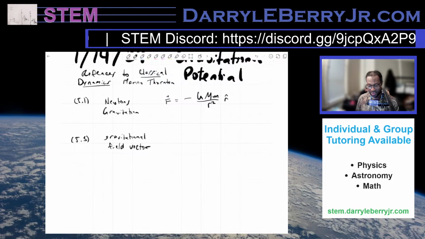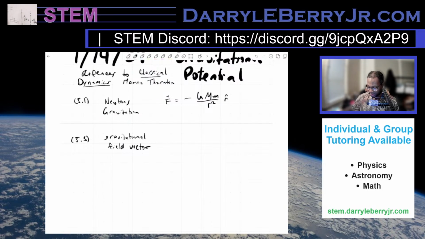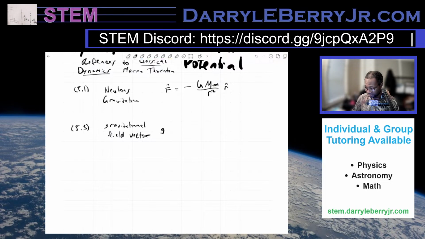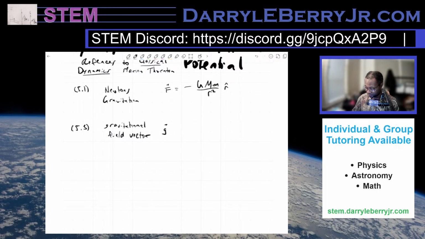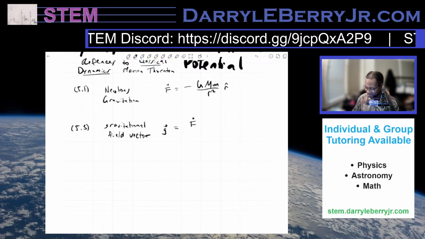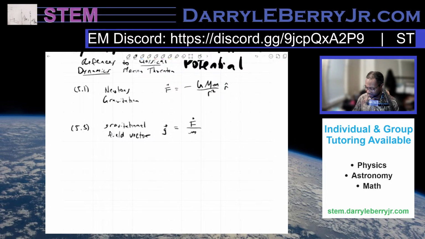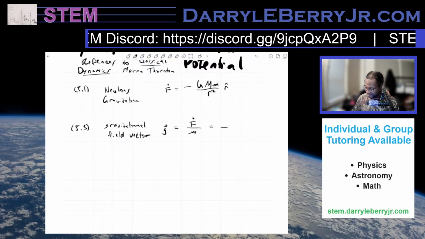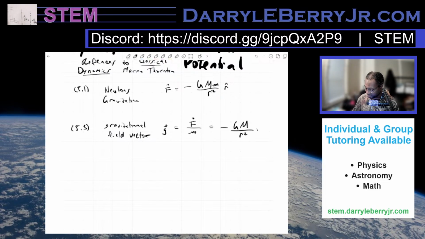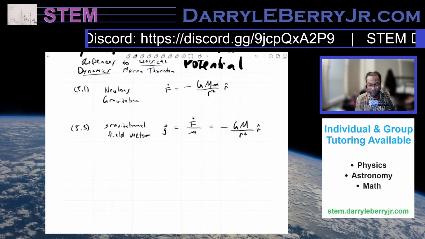If I recall, this is similar to the electric field in electrodynamics, or electrostatics, I guess I should say. g equals F divided by the small mass, which equals negative G M over r squared r hat.